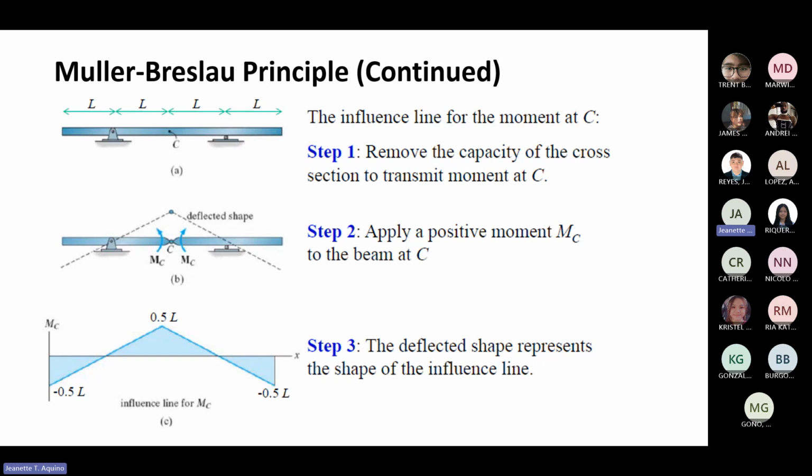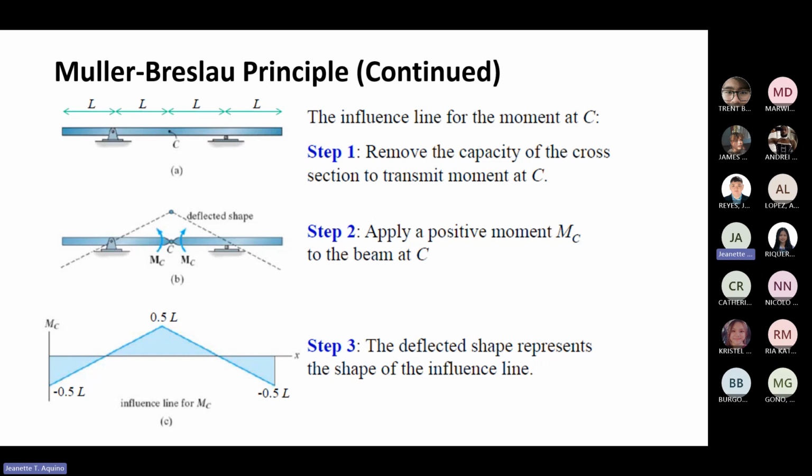One is the one that we do first: we use statics to calculate, put the variable load at certain locations, and tabulate it. Next is the influence line equation, which we can also use. But the third method is the Muller-Breslow principle. After we have discussed this, we'll go back to question number 5, because I resolved it using the Muller-Breslow principle.